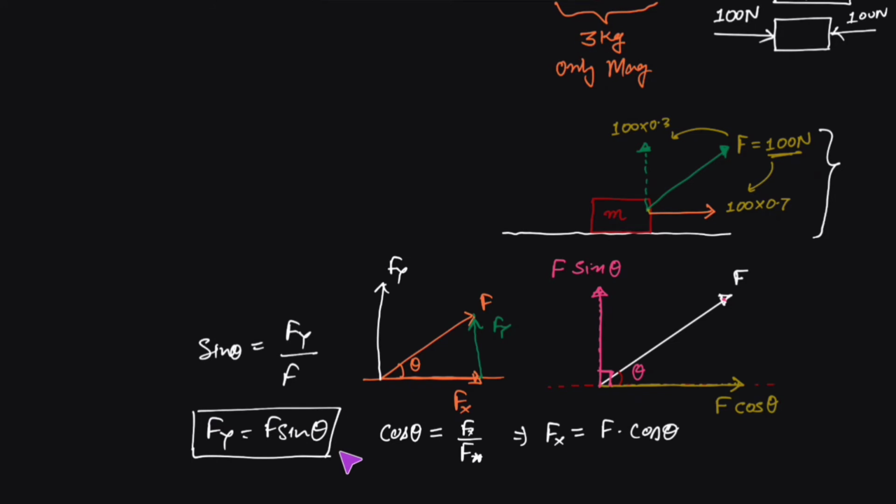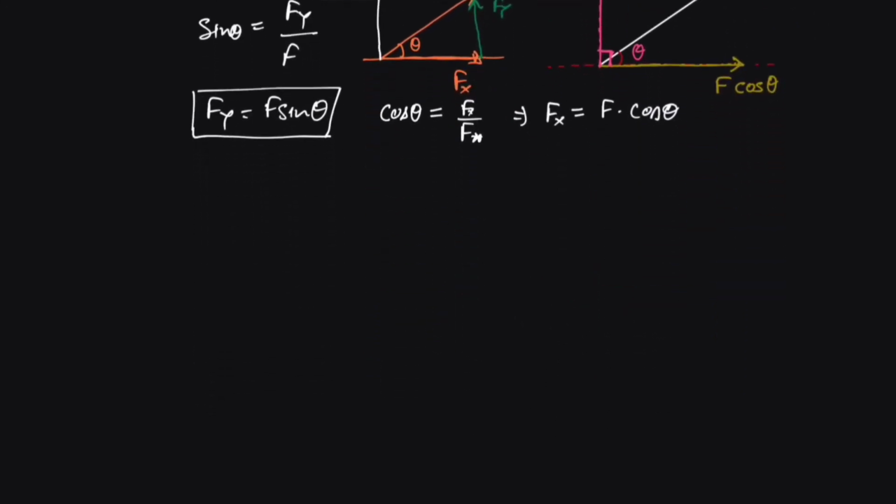So now we have learned the resolution of a vector. We will also discuss another concept. Before that, I would like to mention that a vector can be resolved not in just one way, but there are multiple ways to resolve it. So this is a force F, this is an angle theta, so this component would be F cos theta. Suppose this is an angle alpha from the original direction, so this component would be F cos alpha.